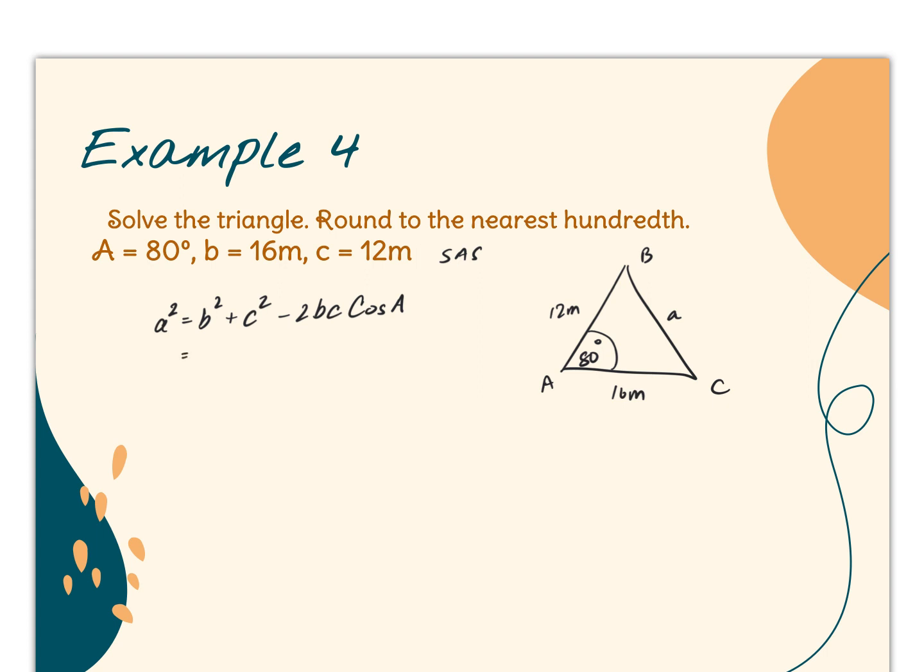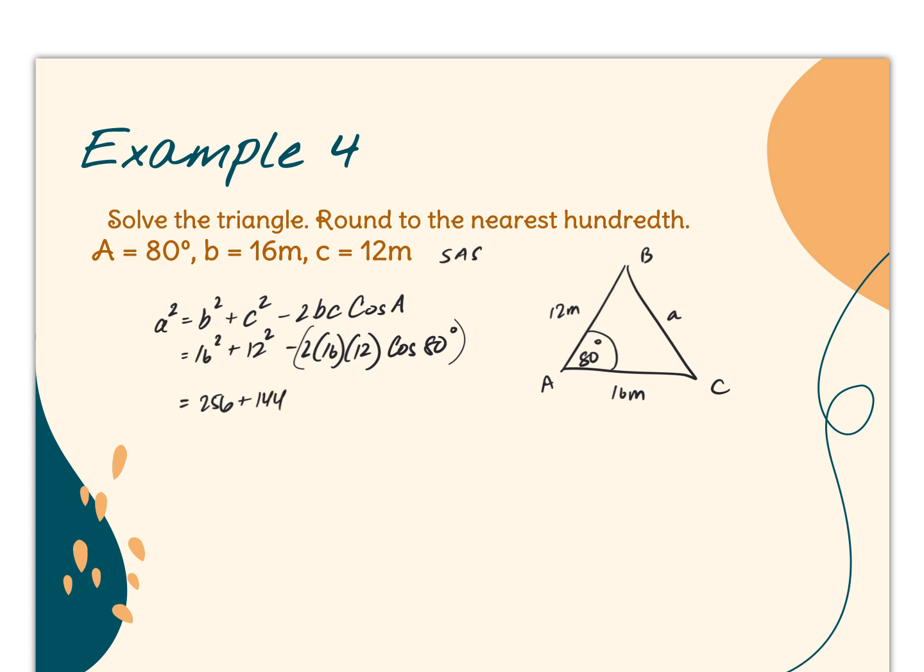So this one, again, is our easiest scenario. Little b squared is 16 squared, c squared is 12 squared, minus 2 times 16 times 12 times the cosine of 80 degrees. And remember that this has to be done as a group, so when you're doing order of operations, be super careful. So 16 times 16 is 256.